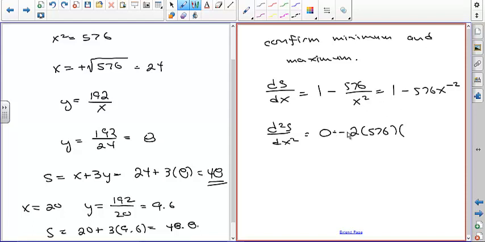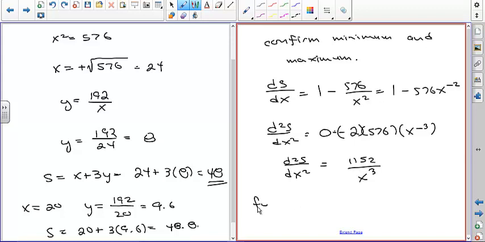There's a negative from here, and then you get negative 2 from the exponent. So negative, negative 2, 576, x to the minus 3 power. So that gives you 1,152 over x cubed. So that's the second derivative.